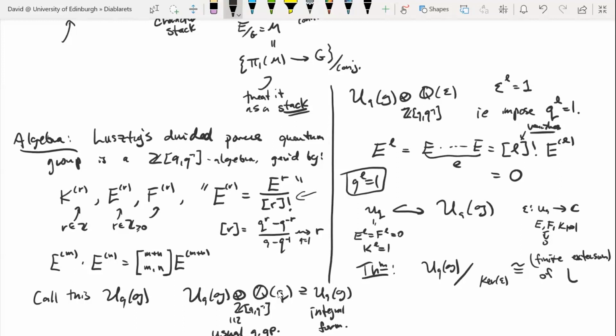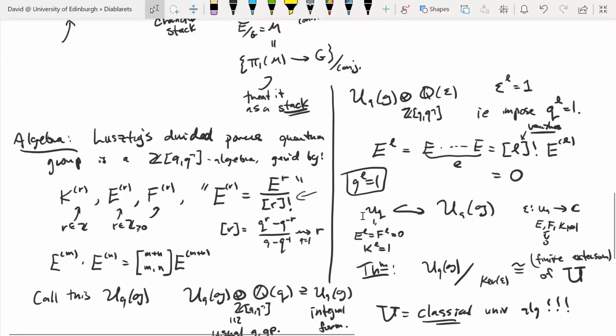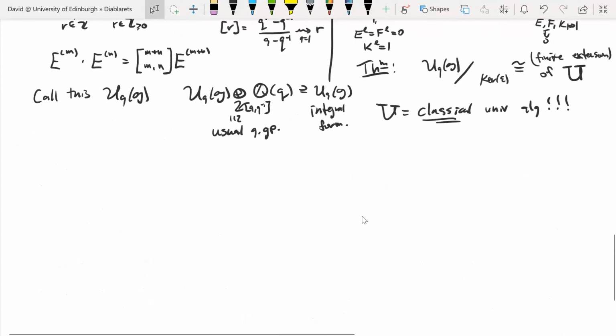of U, and U here is the classical universal enveloping algebra. The classical one, like the one with the usual Serre generators. So if I kill those E's and F's, then all I'm left with is the E to the L's, or maybe I'll say E to the N times L, where L is the order of my root of unity.